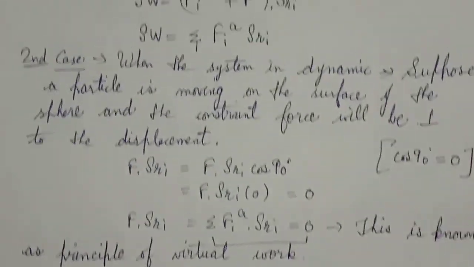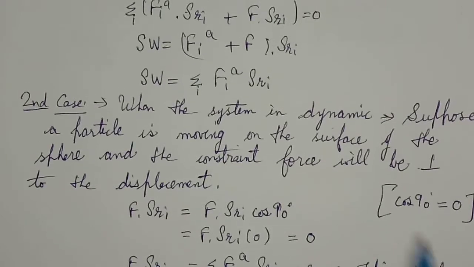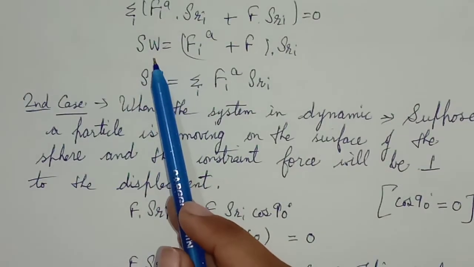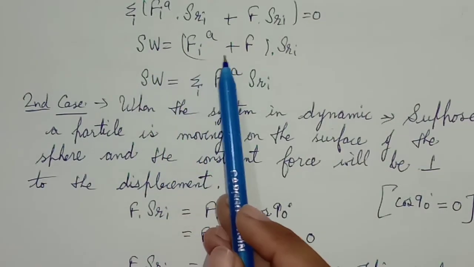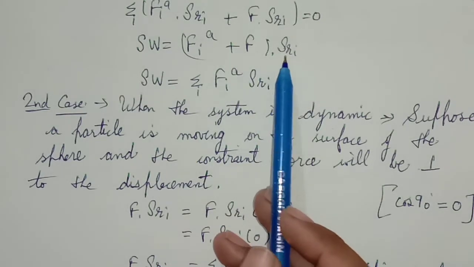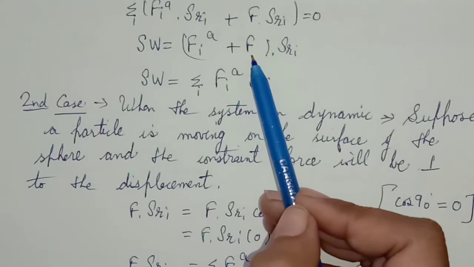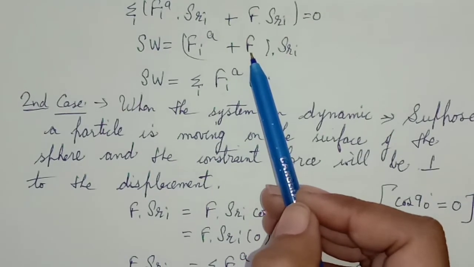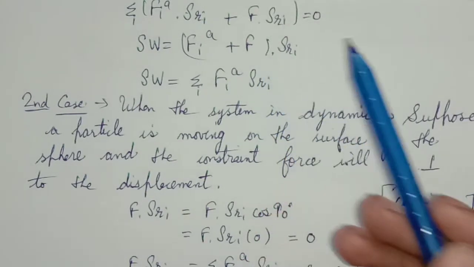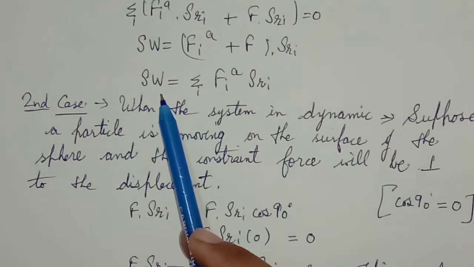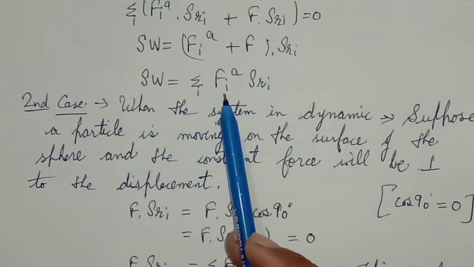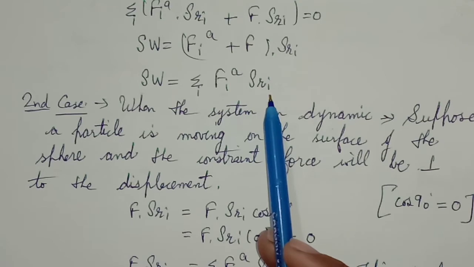Then virtual work will become Fia plus Fi dot delta Ri. Now, because the system is in equilibrium, constraint force will become 0. So we get delta W is equal to Fia dot delta Ri.